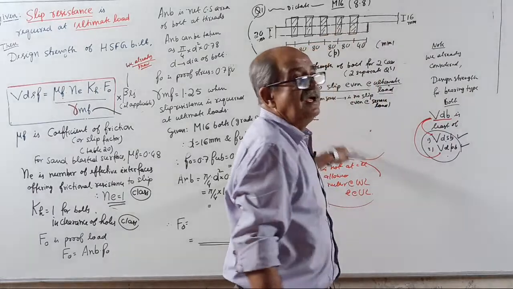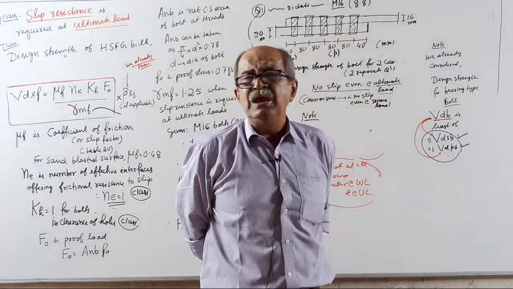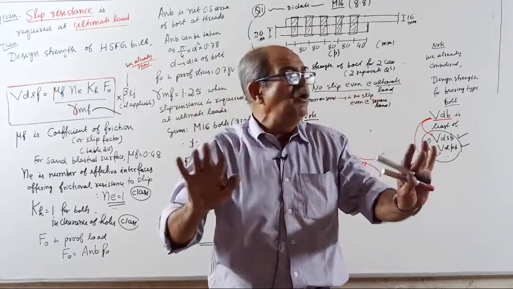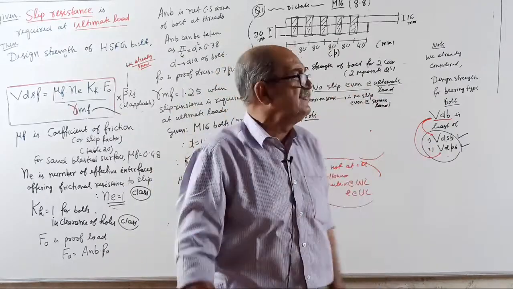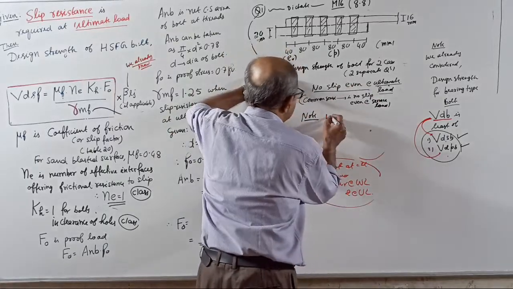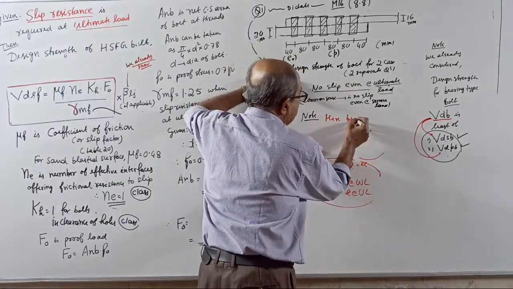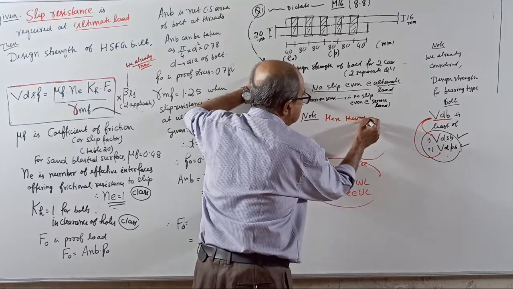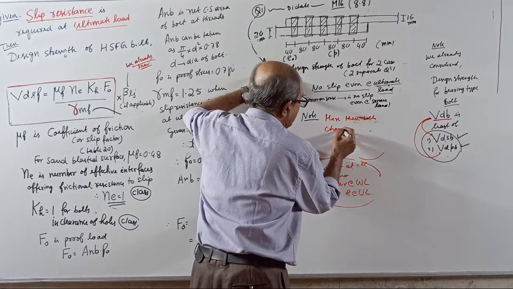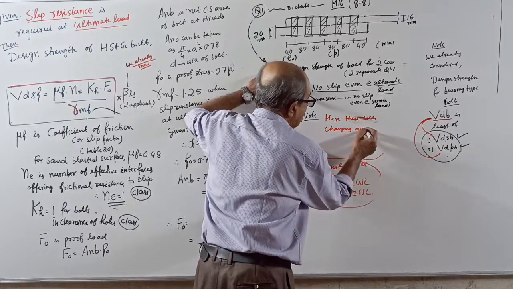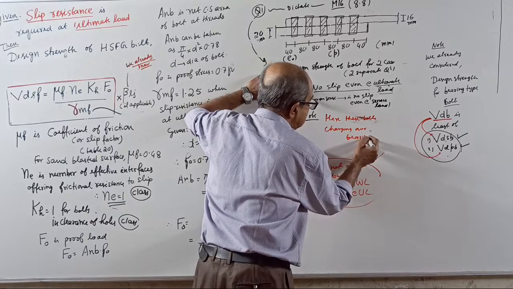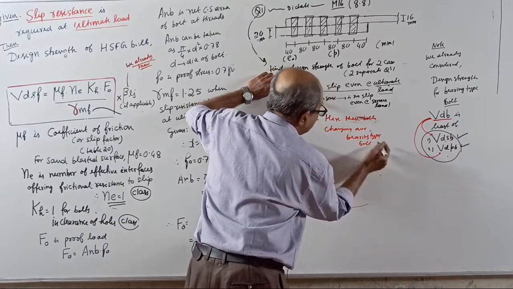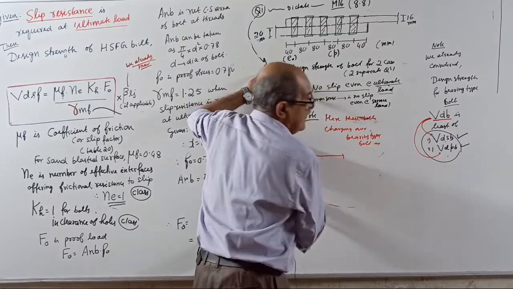Make a note. No slip even at ultimate load means even at factored load or failure load, slip is not there. Therefore, here, bearing type bolt: is there or not there?